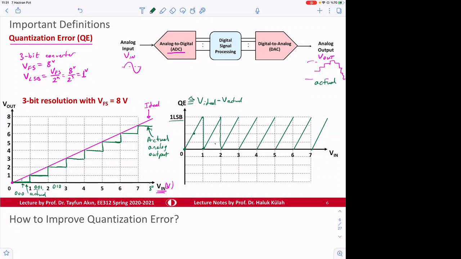So the maximum error here is VLSB. Of course, if N goes up, then VLSB is going to be reduced. Okay, so that is the concept. Is that clear?